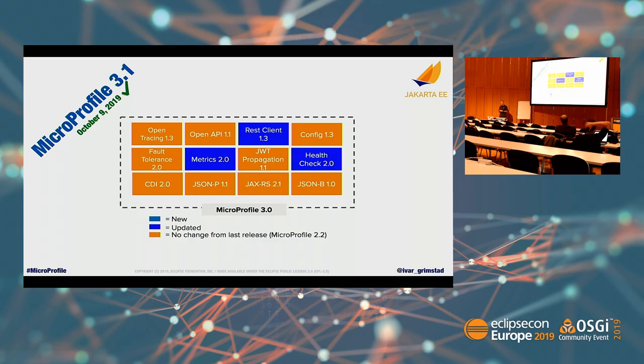It has support for health checks, and the new Health Check 2.0 adds support for two health checks in addition to the regular one, so you can check for liveness and readiness as well. I'll demo that later. So these are the eight specifications that are on top of the existing Java EE technologies that MicroProfile provides for you.